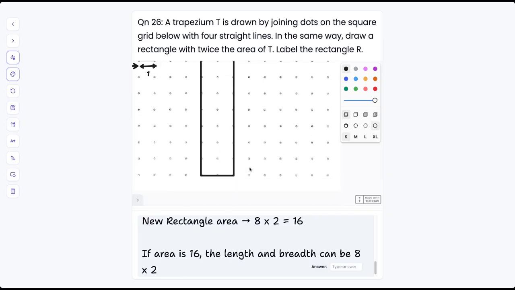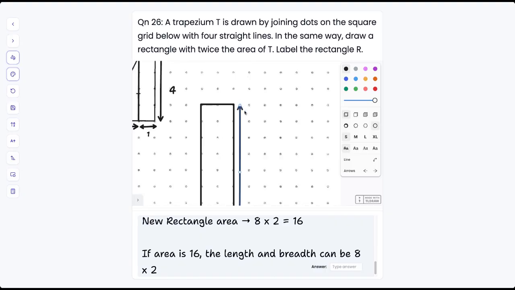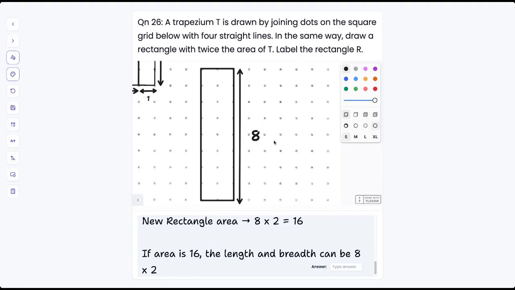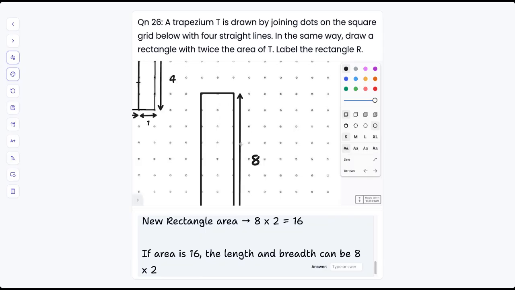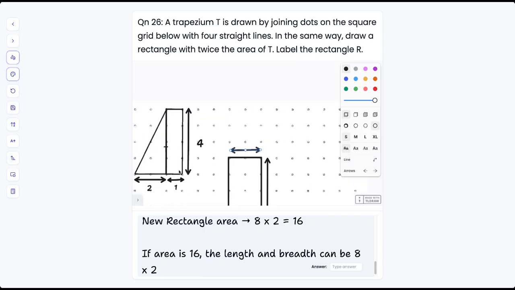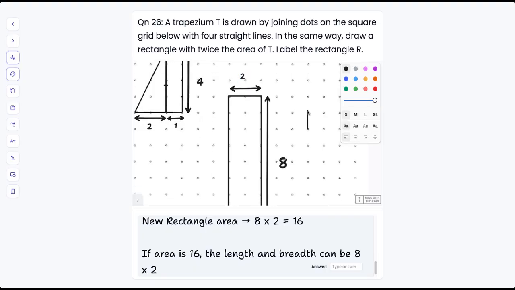So this is 8, and this is 2. In this case, we have our rectangle, and we label the rectangle R, capital R. All right, so that's it. Okay, let's move on to the next question.